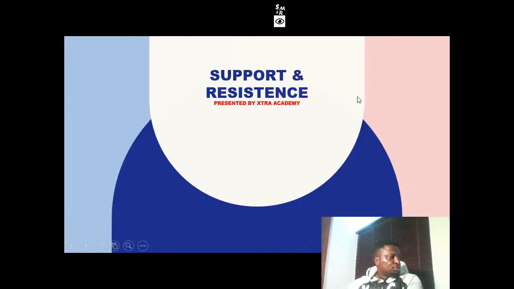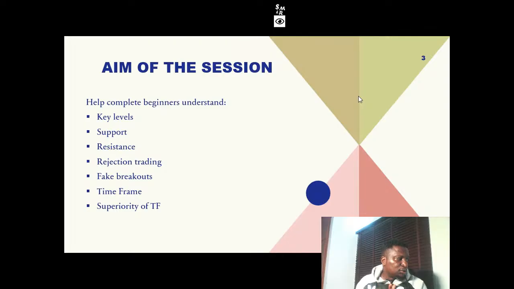So today we are doing support and resistance. The goal of today is to help both beginners and those that are experienced to understand key levels, support, resistance, rejection, trading, fake breakouts, and also time frames and the superiority of time frames.